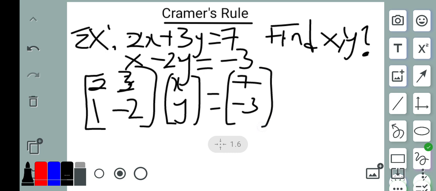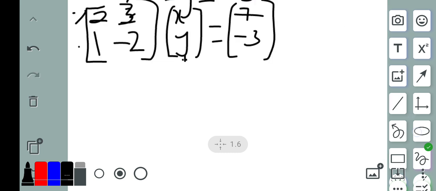If you multiply row 1 by the column, you get equation 1, and if you multiply row 2 by the column, you get equation 2 back. So this is the exact same thing as the equations on top, and I didn't change anything. All right, so this is the problem we are trying to solve.